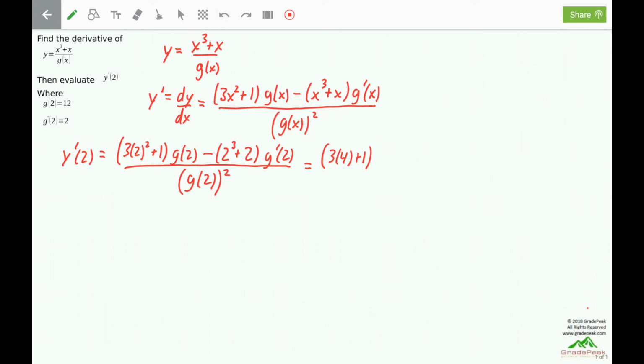So g of 2 is 12, minus 2 cubed, which is 8, plus 2. And then g prime of 2 is given over there as a 2. All of this is divided by g of 2, which is 12, and then squared.